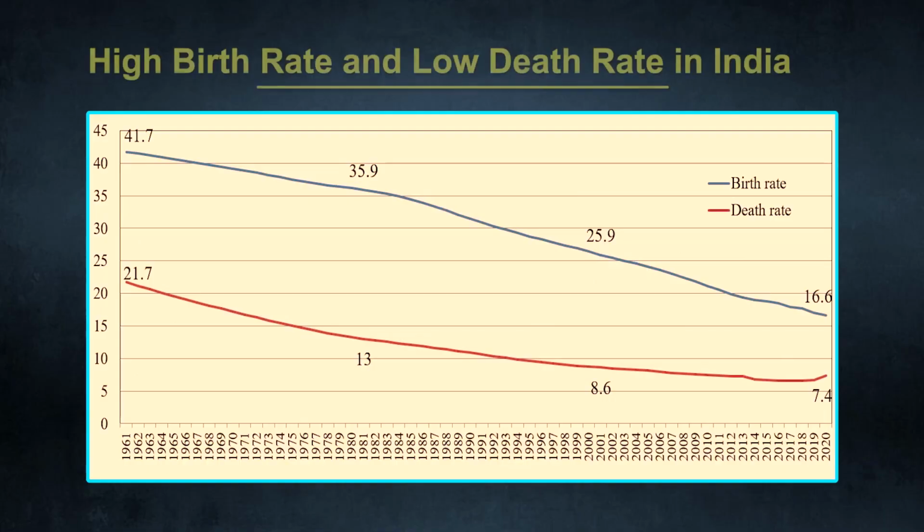Section 3, here we discuss the high birth rate and the low death rate, the empirical evidence of high birth rate and low death rate. This figure helps us to understand the trend of high birth rate and low death rate in our country.